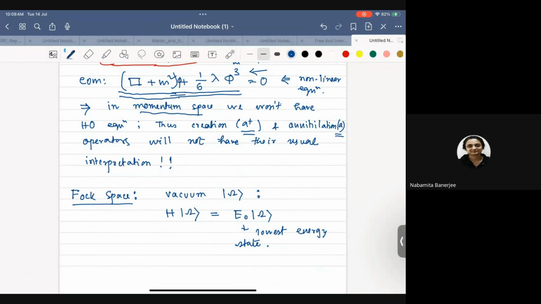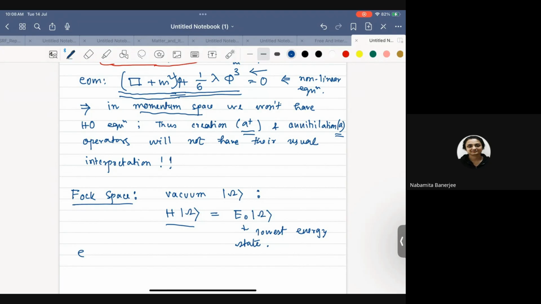So I will still have a Fock space, right? And the Fock space I'll define like the last time, starting with some vacuum state, where now the definition of the vacuum is simply that the Hamiltonian, or the energy operator, acting on the vacuum is going to give me the lowest possible energy state of that system.